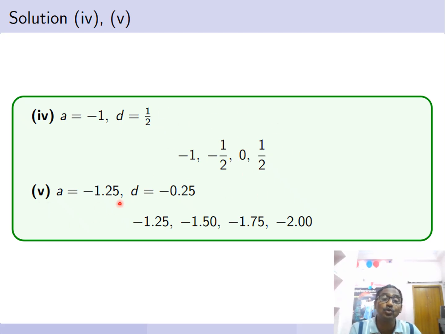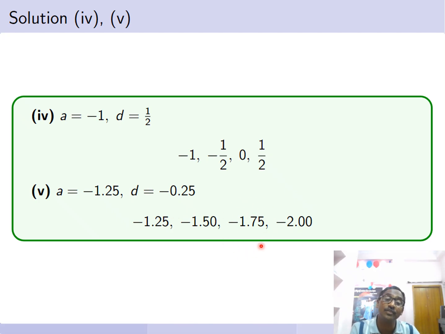A equal to minus 1.25 is given, D equal to minus 0.25 is given, first term written here minus 1.25. So minus 1.25 plus minus 0.25, you will get minus 1.50. Minus 1.50 plus minus 0.25, you will get minus 1.75.